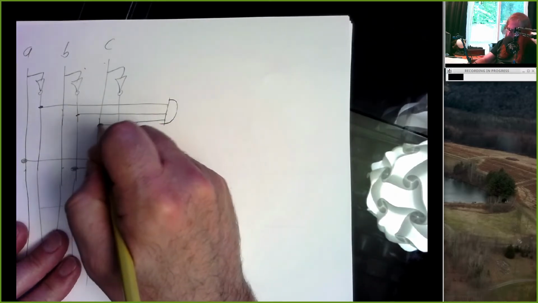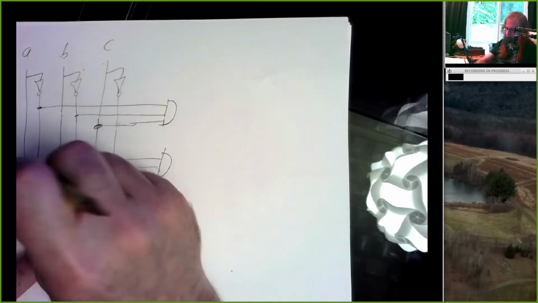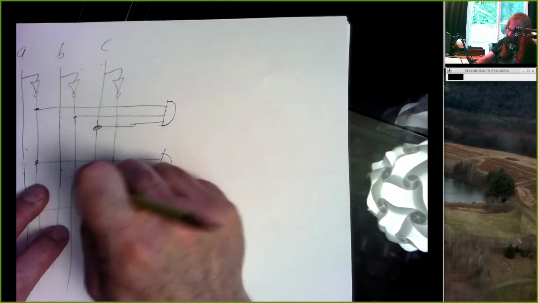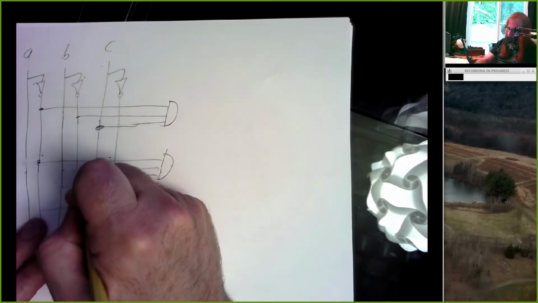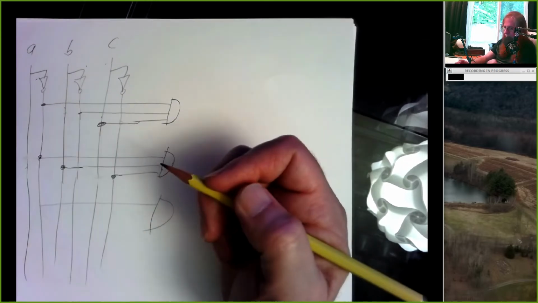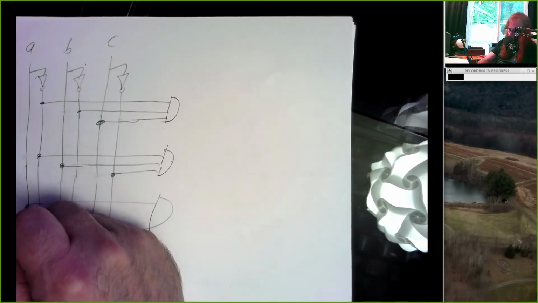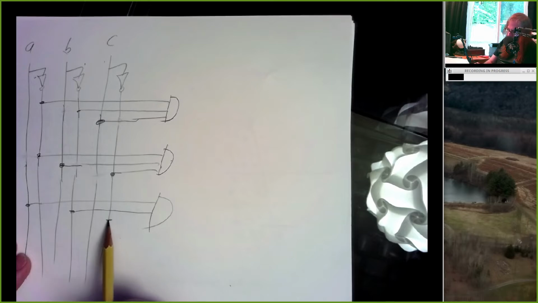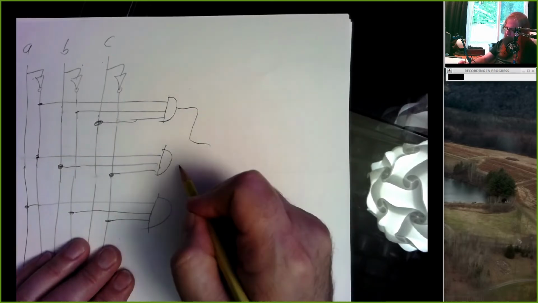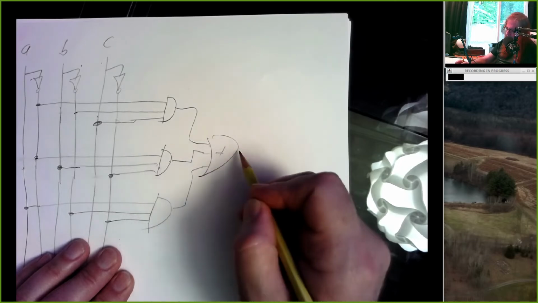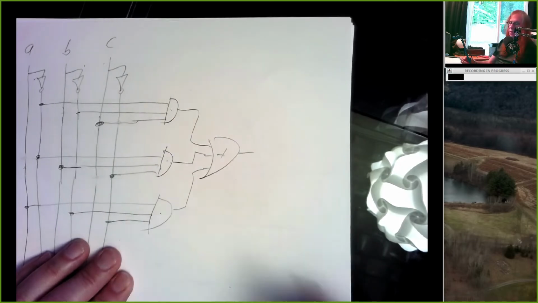A bar, B bar, C, A bar, B, C bar, or A, B bar, C bar. And then those have to go into an OR gate. And there's your output.